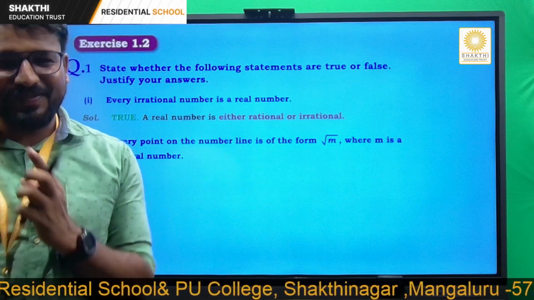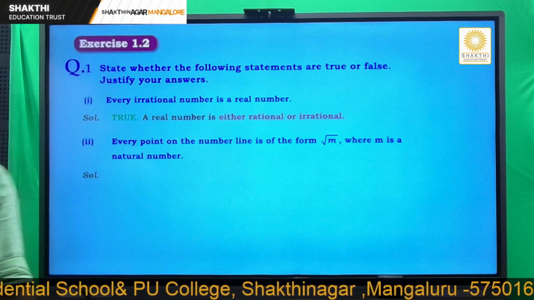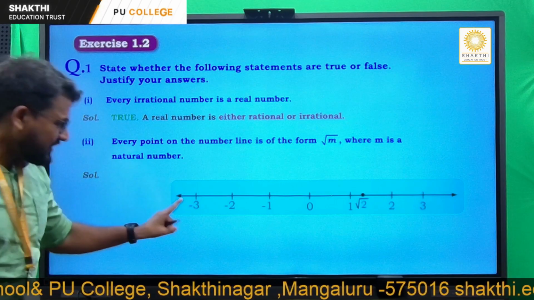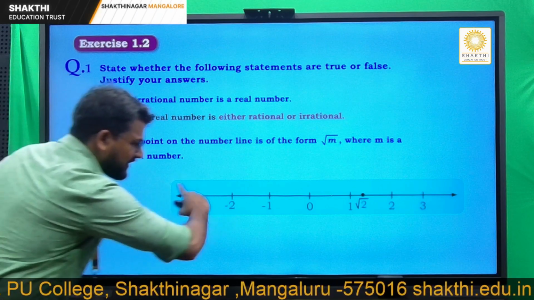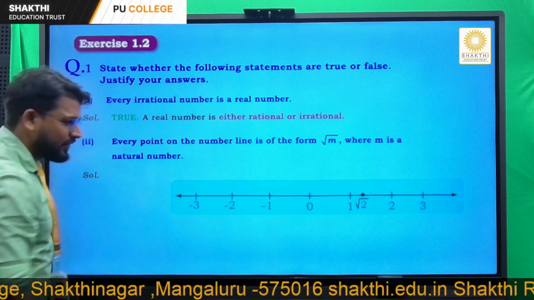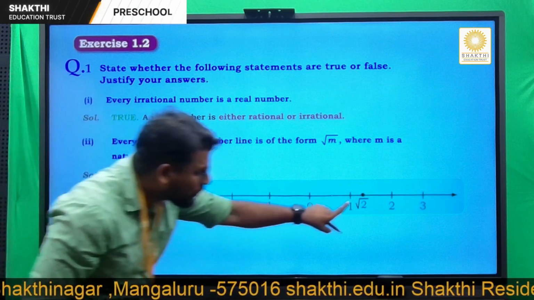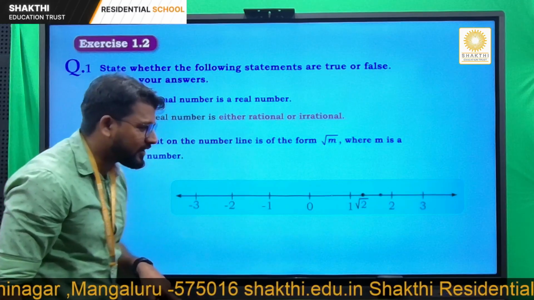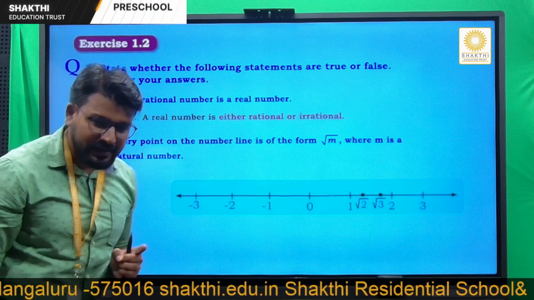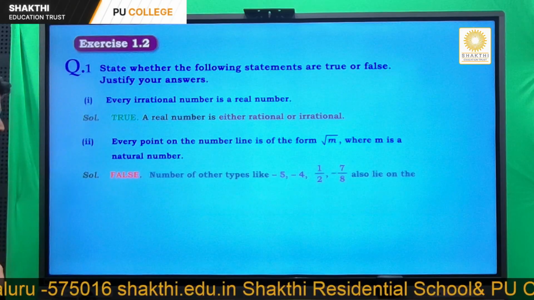Don't worry, I'll tell you the answer. If you see carefully, this is the number line we have here, and this is 0, 1, 2, 3, and these are the negative integers, and you have root 2 here, or let's say root 3 here. So the answer is false.